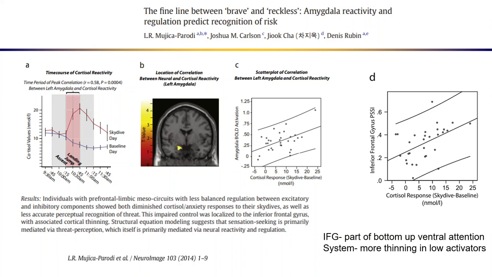So on the far left, we see cortisol being measured in skydivers. The baseline day is just a day they're obviously not jumping. And then on the day they jump, you can see that as they get into the airplane and head up into the sky, cortisol spikes, and it lags a little bit.